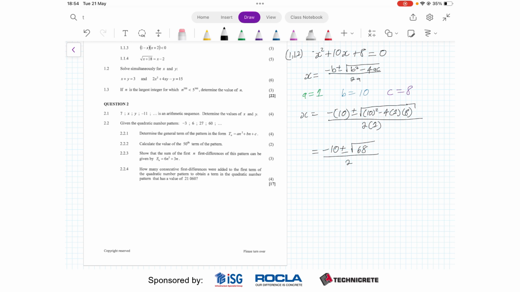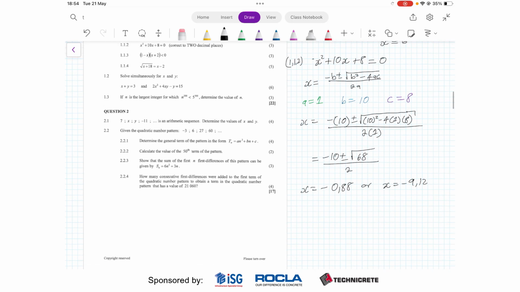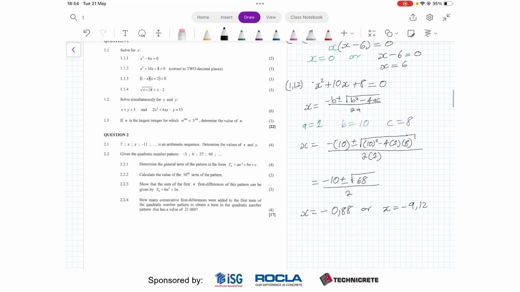And when we take this to 2 decimal places, we find that x is equal to negative 0.88, or x is equal to minus 9.12. That is how you do 1.1.2.